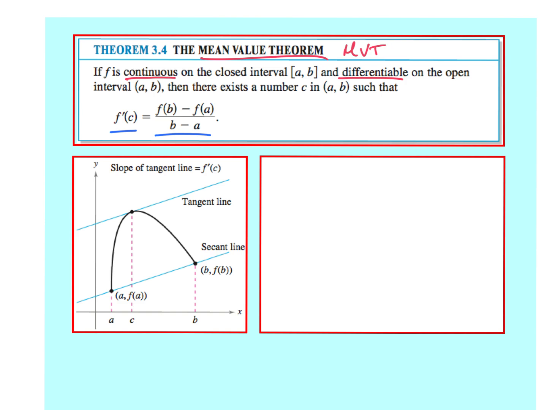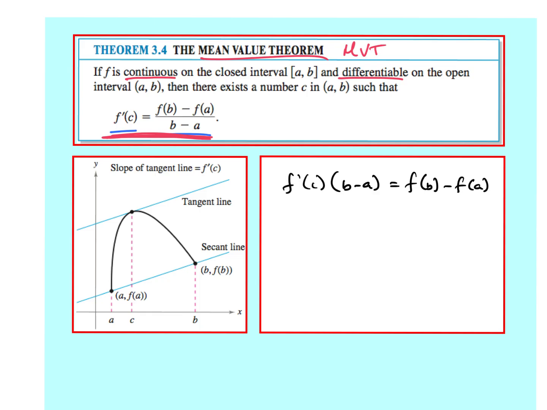So if I were to rearrange this equation, I would multiply by b minus a, which is really your x values, because this is really like y2 minus y1 over x2 minus x1, yes? And so I'm multiplying by b minus a. And so now I'd have f prime of c times b minus a is equal to f of b minus f of a.